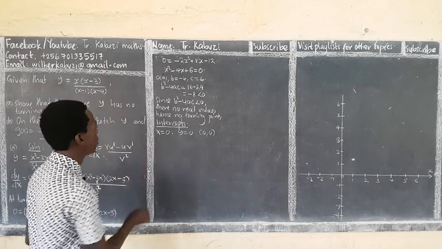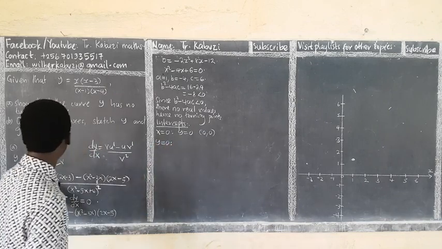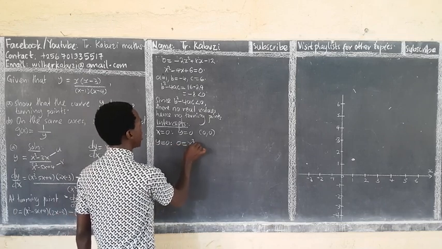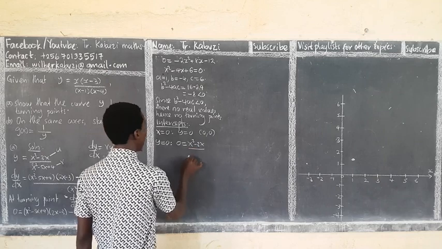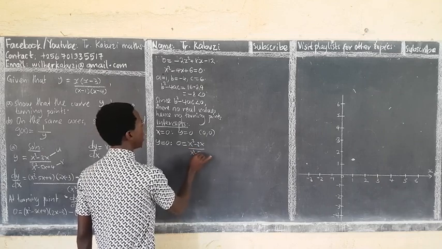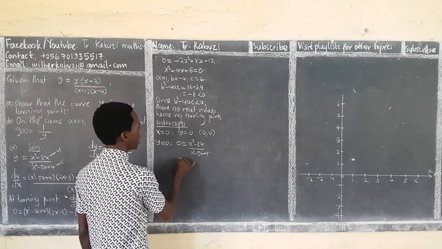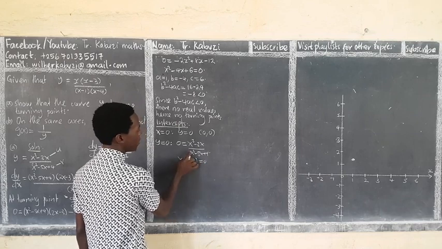Then we come for when y is 0, what will be x? Now we put 0 here, so we have 0 equal to x squared minus 3x, the whole over x squared minus 5x plus 4. Then when you simplify, x into x minus 3 will be 0, and cross multiply, this goes.